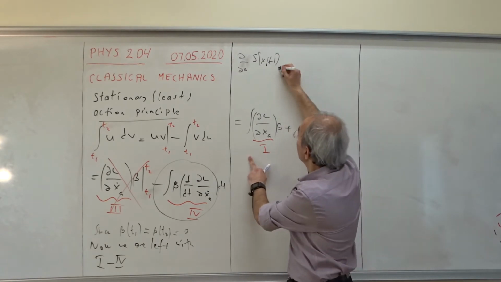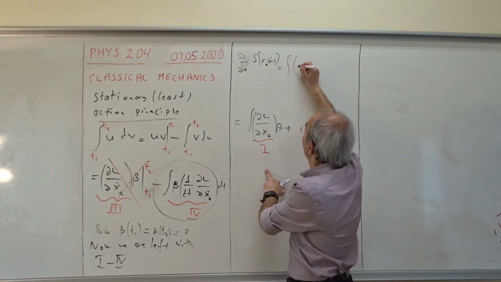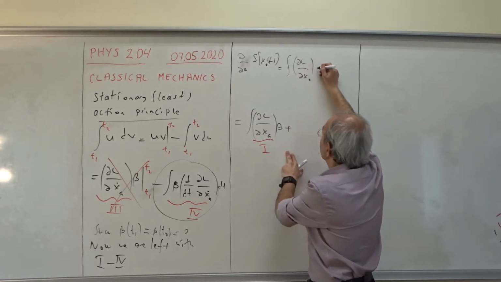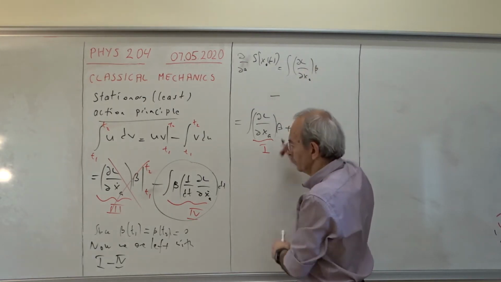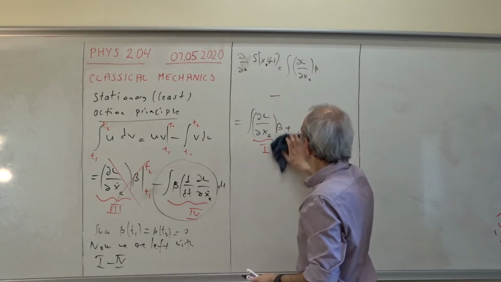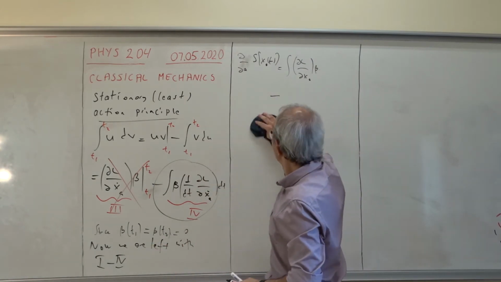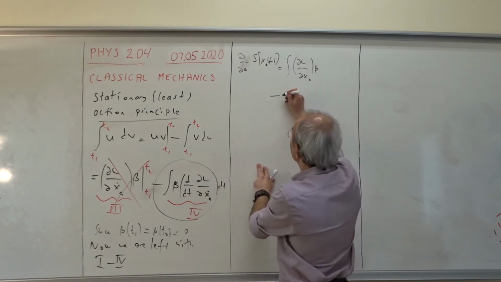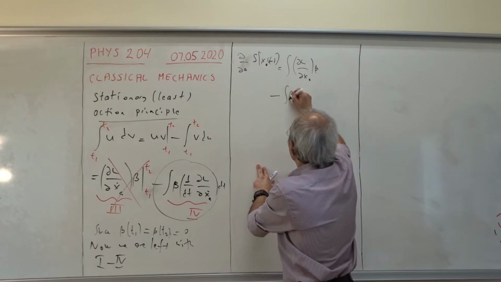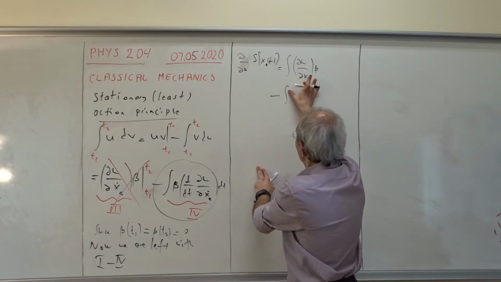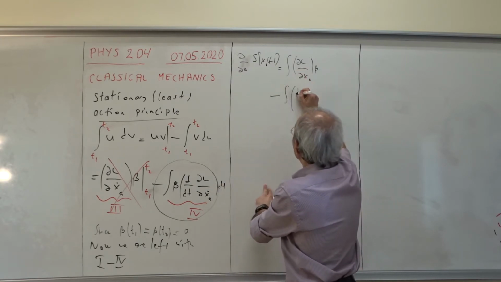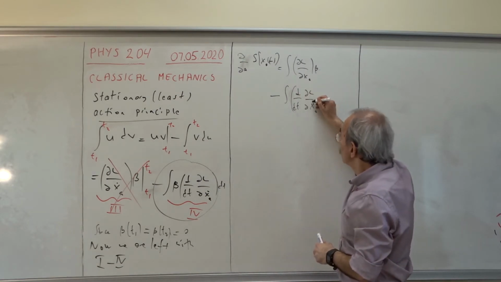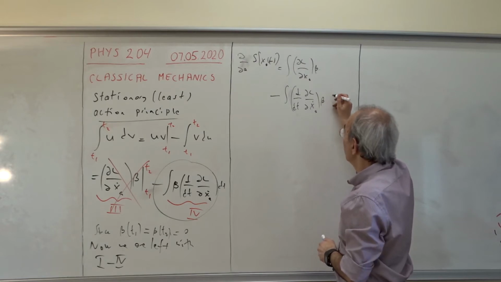The first block is simply the integral of del L by del xa times beta, minus the fourth block, which is minus beta times d by dt del L by del xa dot, all multiplied by beta altogether.